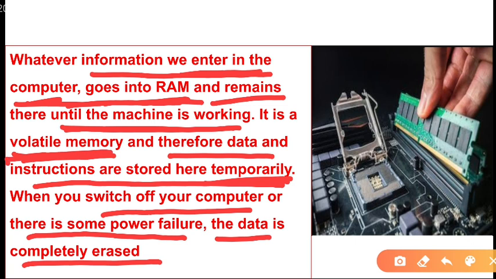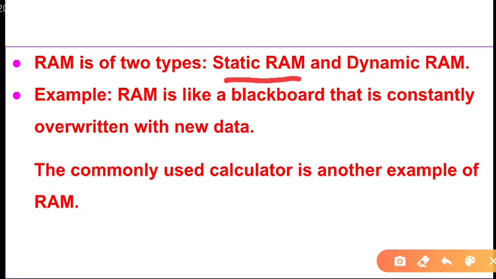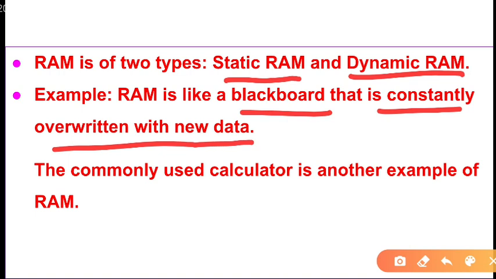Students, this is how a RAM looks. RAM is of two types, static RAM and dynamic RAM. We will study about static and dynamic RAM in the higher classes. For example, RAM is like a blackboard that is constantly overwritten with new data.